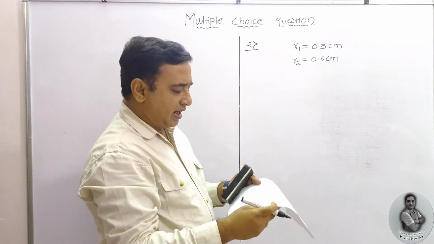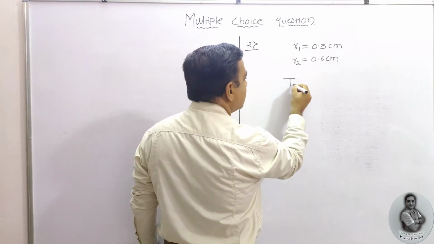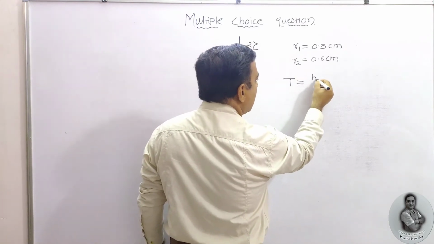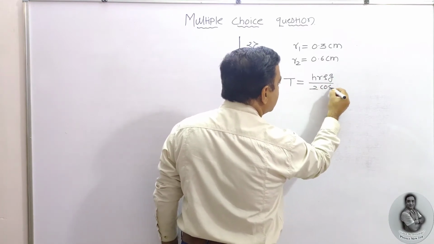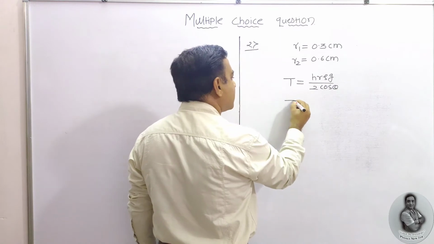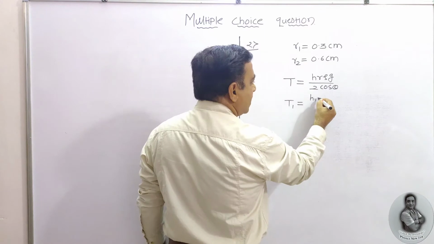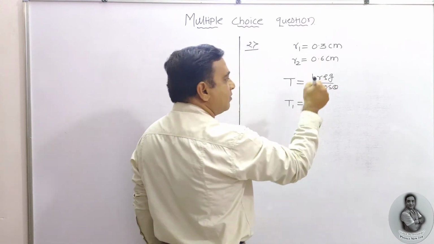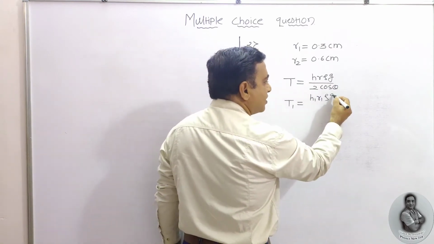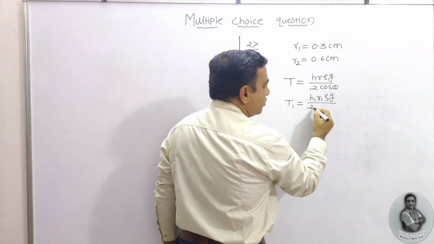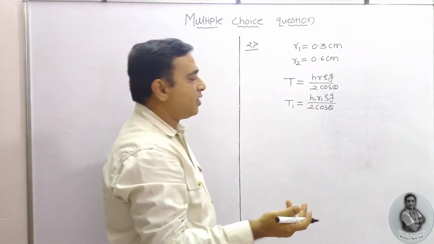If the two radii of the capillary tubes are given, then we know the general formula: T is equal to h r rho g upon 2 cos theta. For T1 having height h1 and radius r1, the liquid is the same, so density is the same, acceleration due to gravity is the same, and for the given liquid theta is also equal.